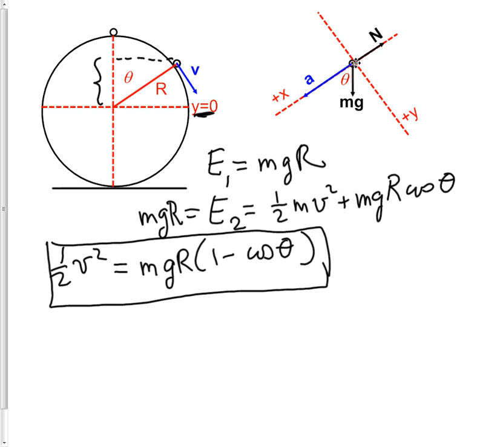The other forces, as we've noted already, are mg and n. And of course, now that I've chosen a body, I'm going to choose a coordinate system in which the positive x-axis increases in the direction in which the acceleration vector points.